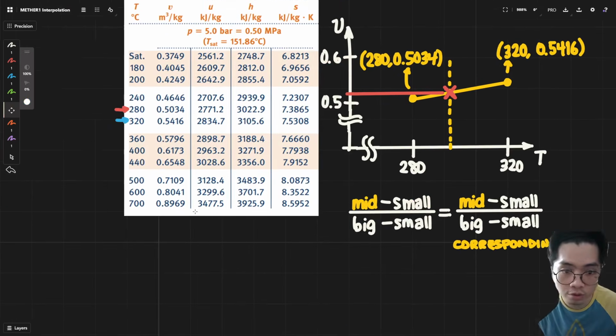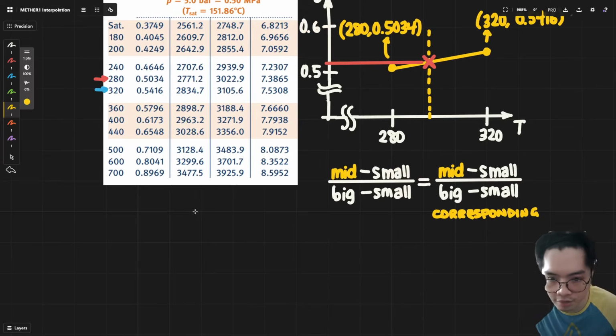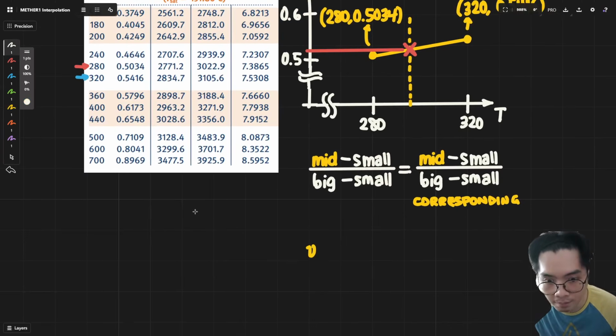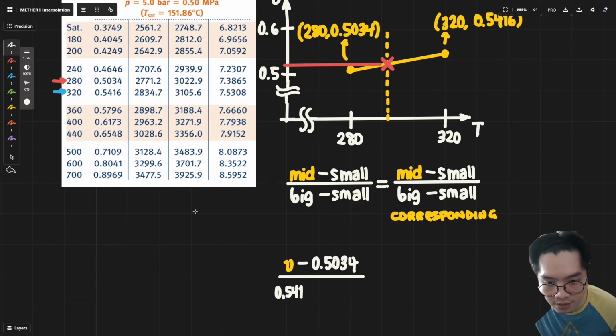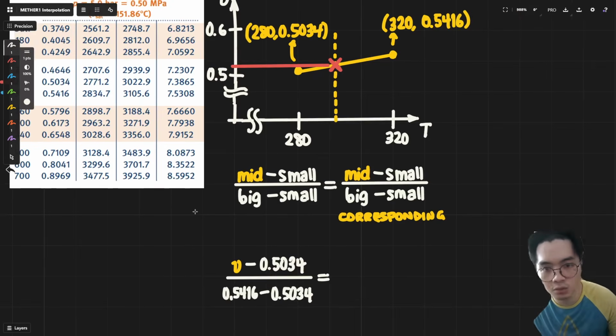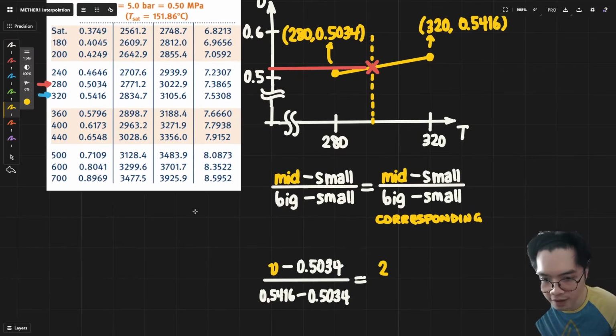What we can do is substitute our values in here: V minus 0.5034, all over 0.5416 minus 0.5034. Or in other words, that is also equal to the proportion of, what are we supposed to get? 295.